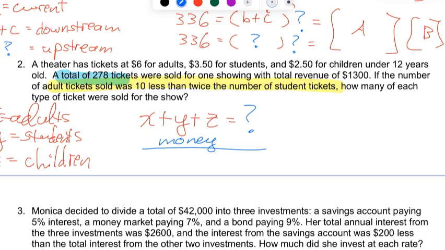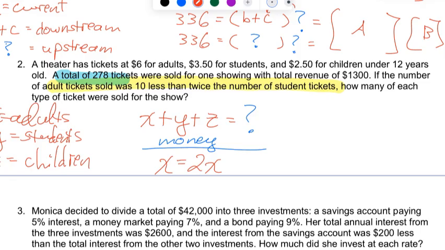So number of adult tickets was means that we need to be thinking about X equaling. You can basically say X equals, and now we can get to the business of thinking about 10 less than twice the students. Twice the students would be some type of 2Y. All I have to do is figure out how to write 10 less than that.